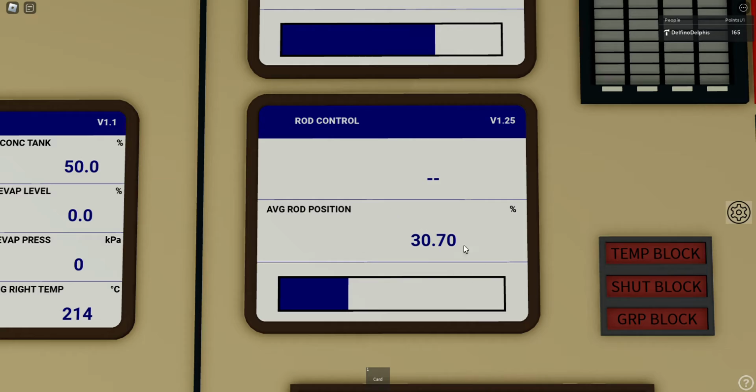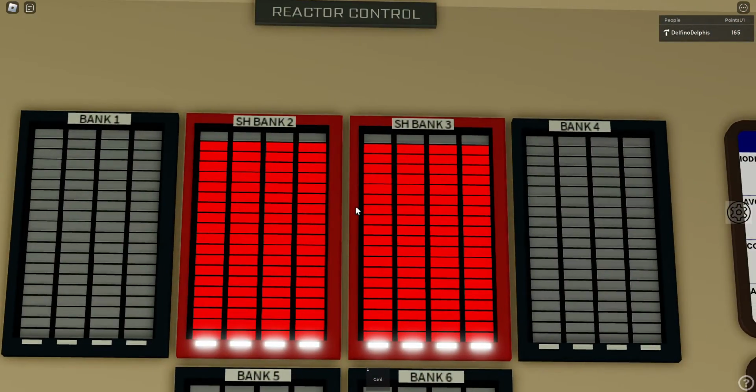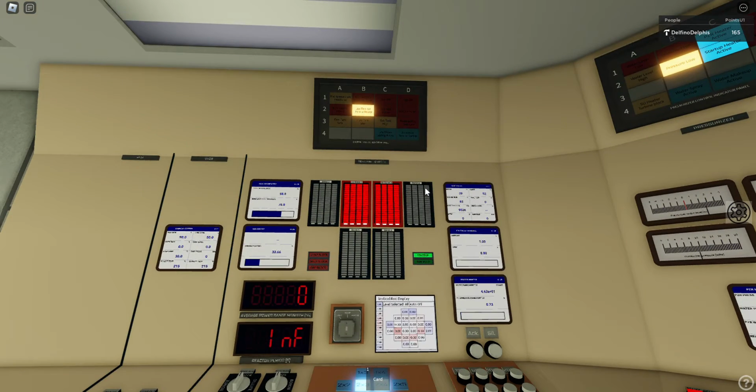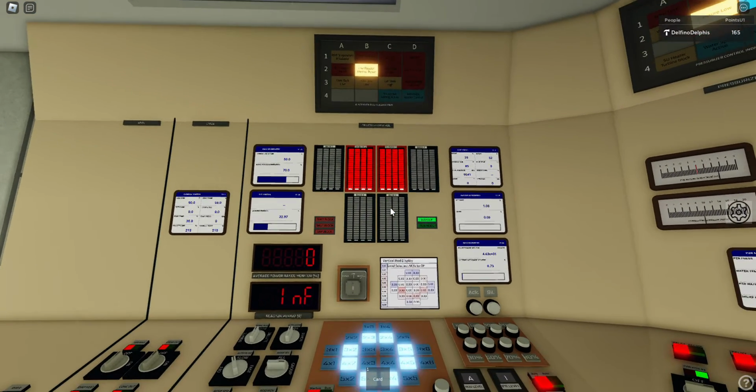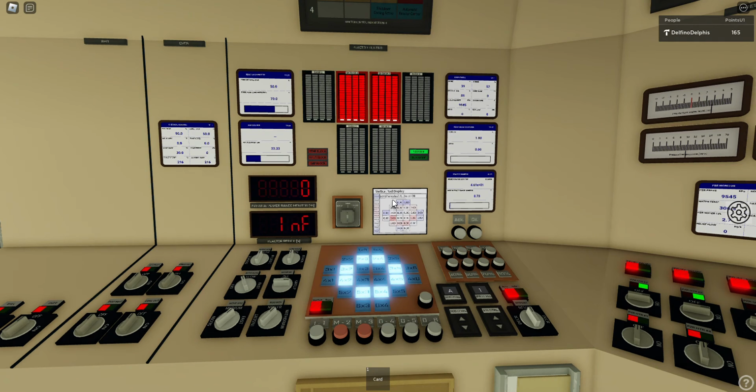Yep. Average rod position is rising, so you have to wait until all the... It's not yet fully out, it's like 95%. So let's just wait a moment, and once this stops... Yeah, now it stopped, we are fully out.